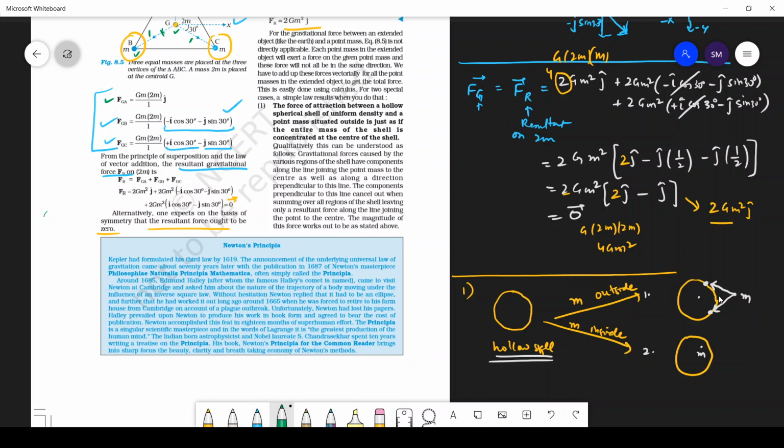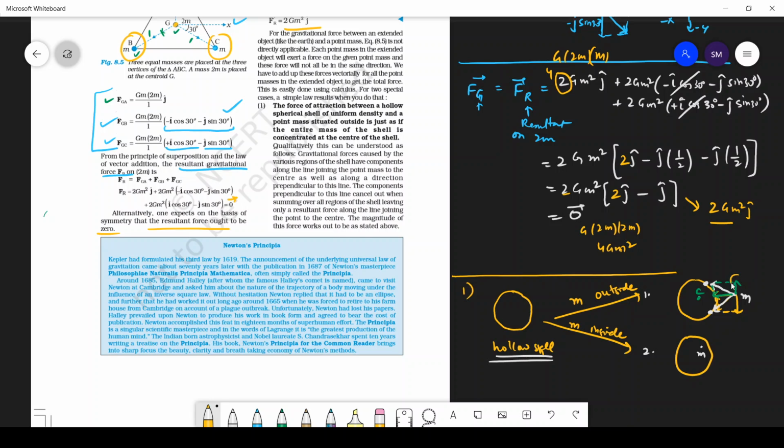See, resolve it into components. So this is the component of force along the y-axis, and this is the component of force along the x-axis towards the center, right? And now what about the lower one? Here, due to this, the component will be in this direction and in this direction.